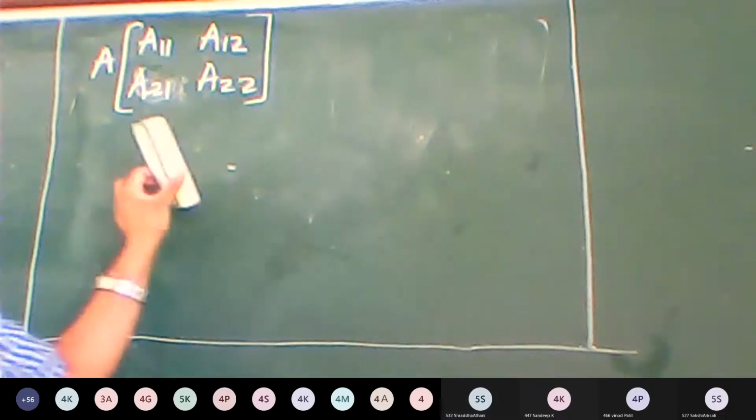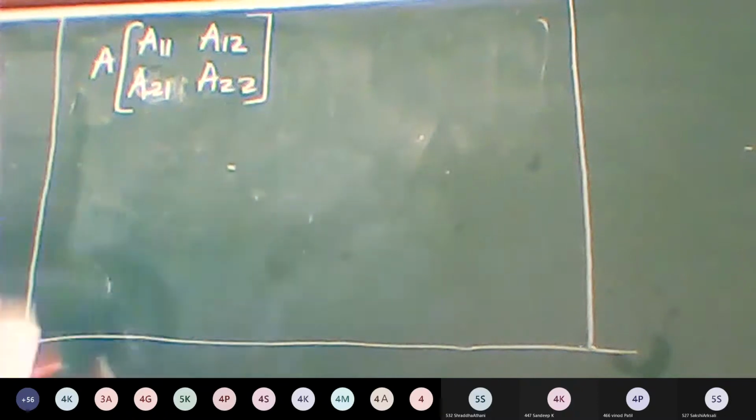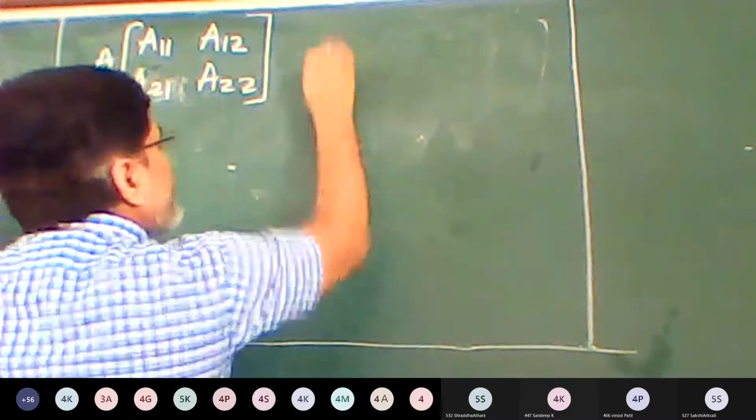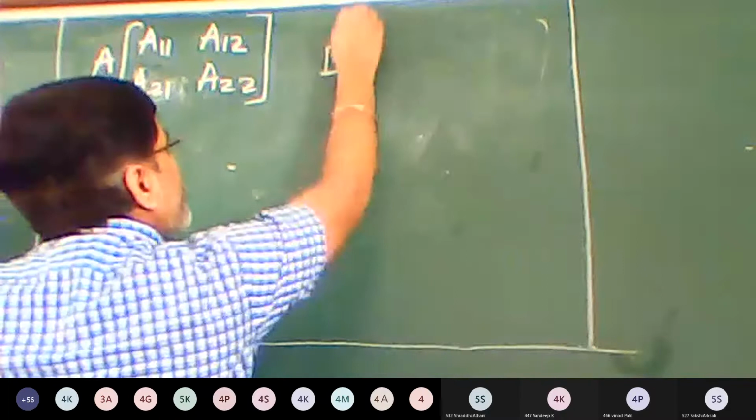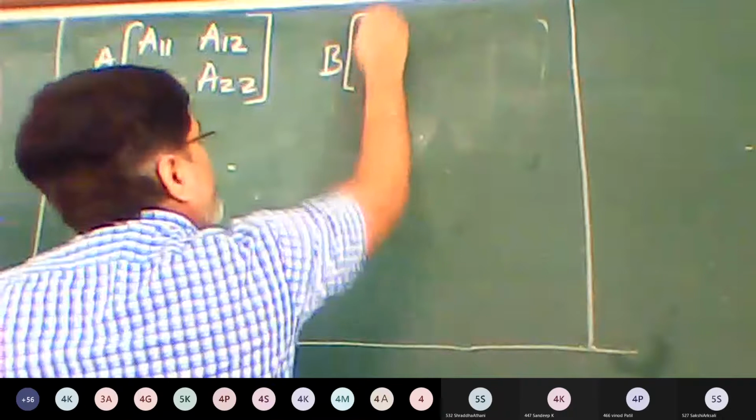So the point of discussion is the square matrix. Let us have a matrix A and at the same time a matrix B. The matrix B also will have the same number of rows and columns since it is a square matrix.